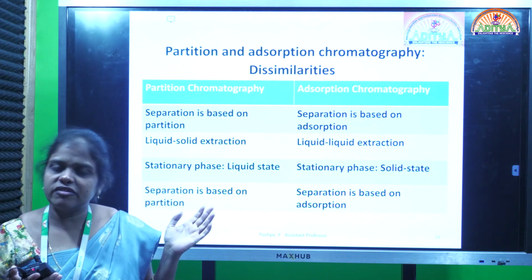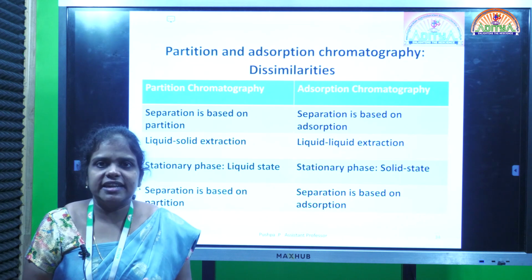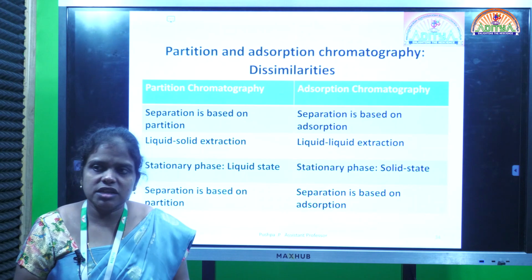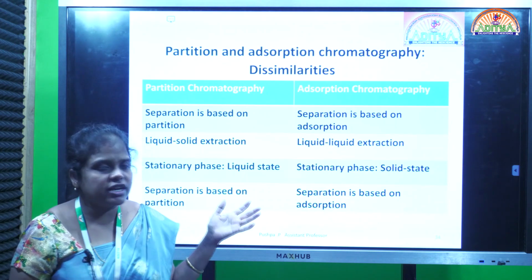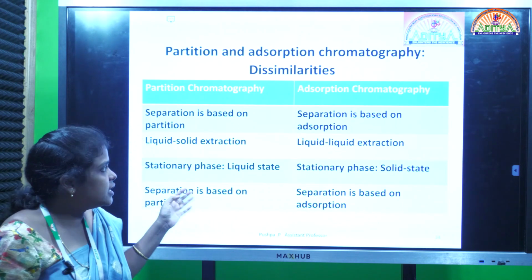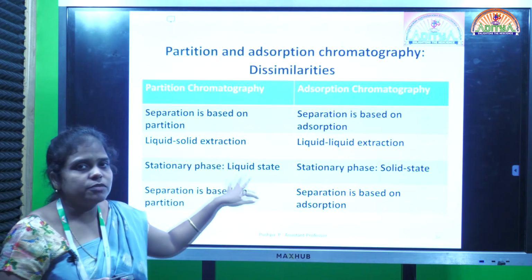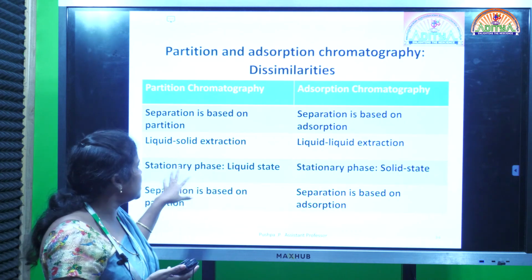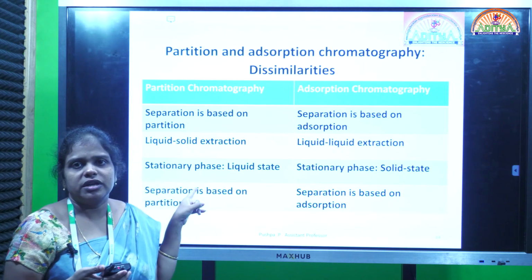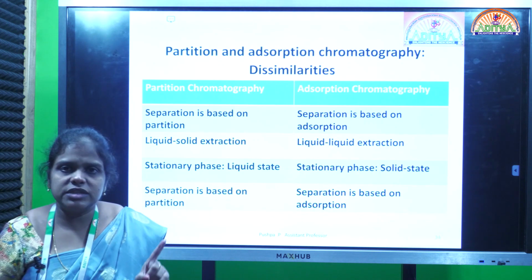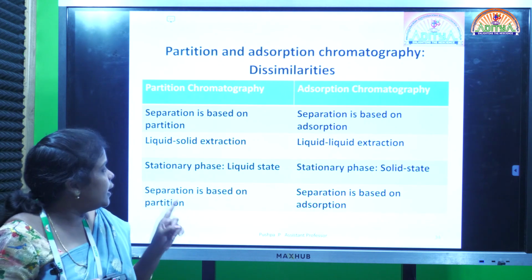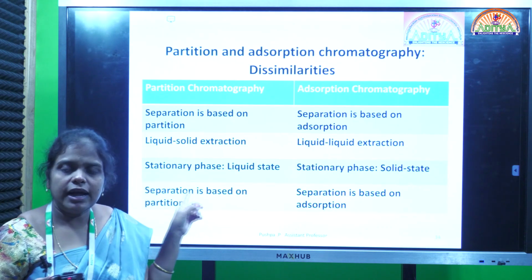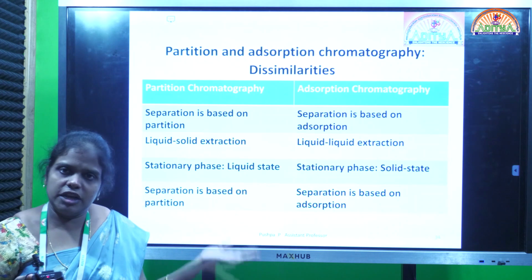Whereas in adsorption chromatography, as you already know, based on the binding interaction or affinity, the sample will get adsorbed on the stationary phase or on the mobile phase. We have already seen that in the previous lecture. That is the main difference between adsorption chromatography and partition chromatography. The other differences: in partition chromatography, the stationary phase we are using is liquid, and the mobile phase is also liquid.